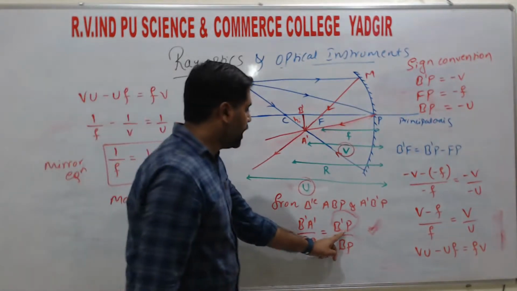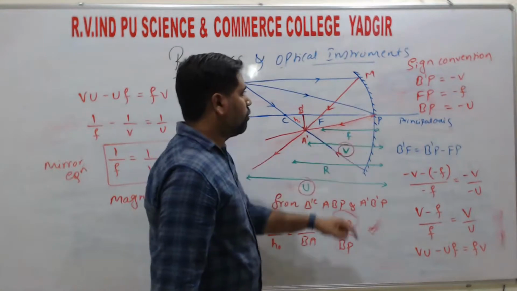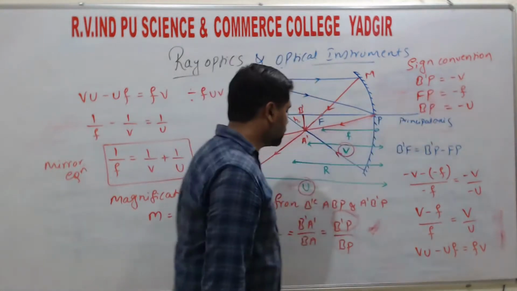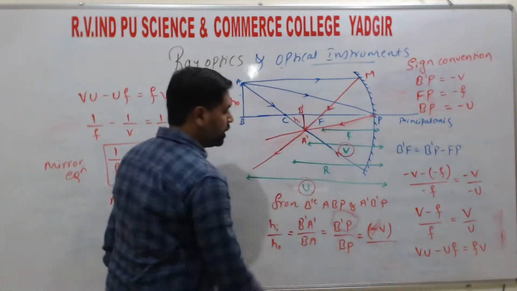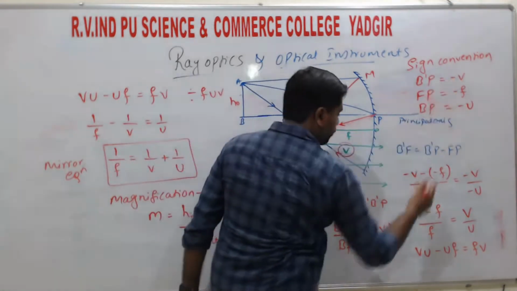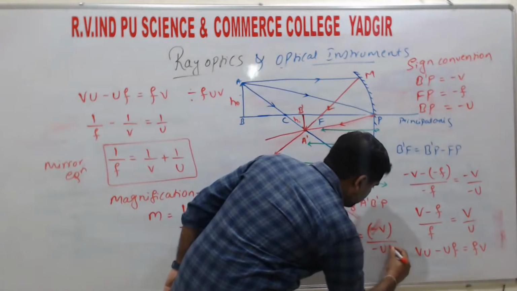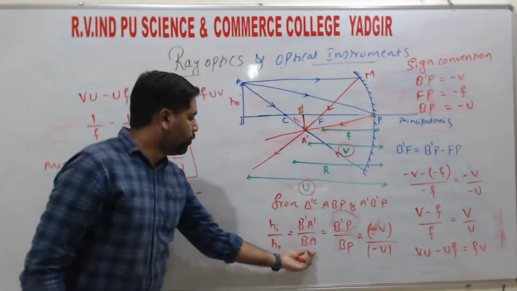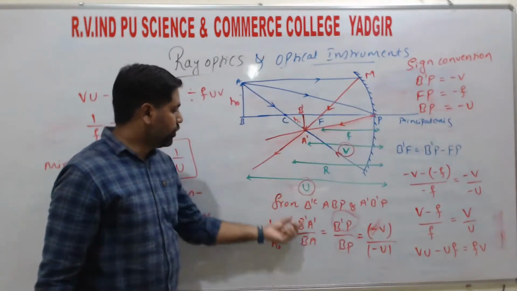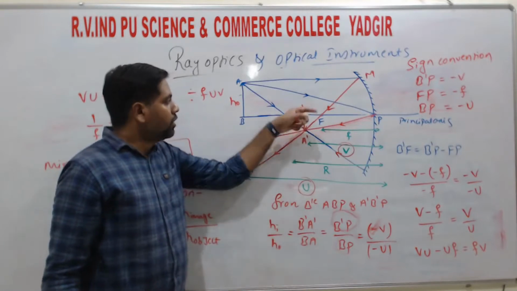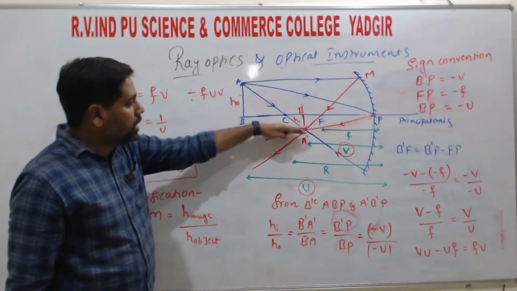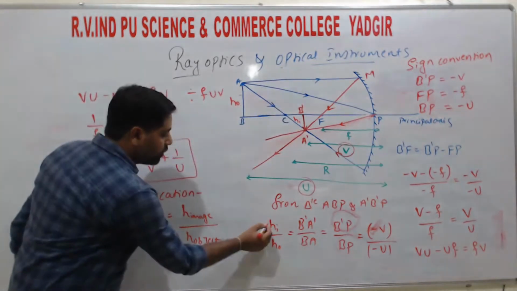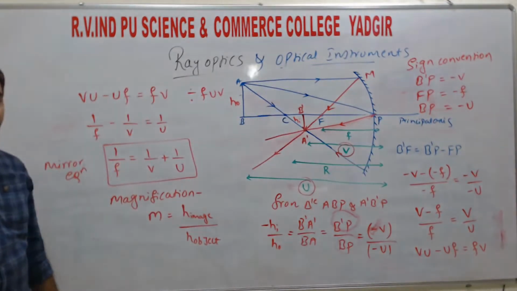Next, BʹP is minus V, whole divided by BP, which is minus U. Now BʹAʹ, here we are measuring the distance below the principal axis, so the height of the image we take as minus.